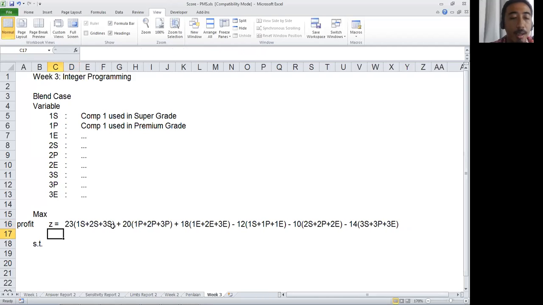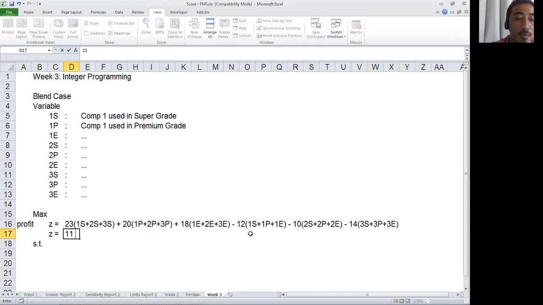Then you can simplify this. We can sort this using the structure S, P, E. So S first: 23 minus 12, so 11 1S.